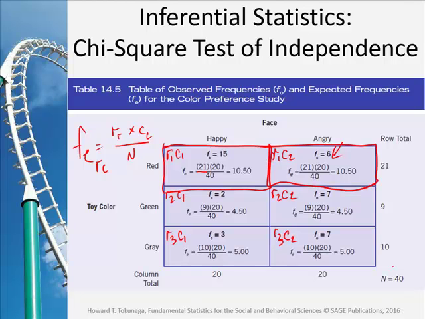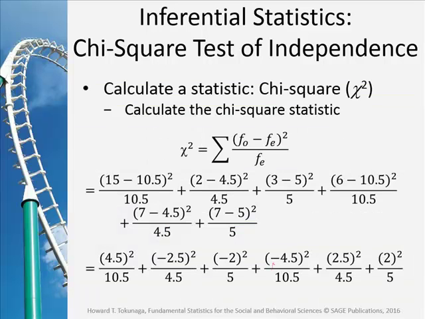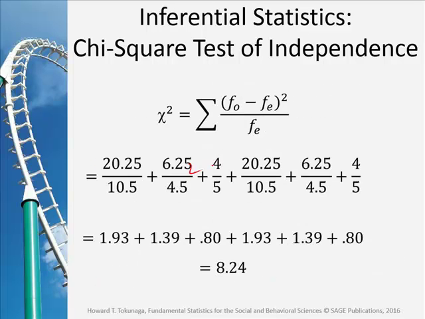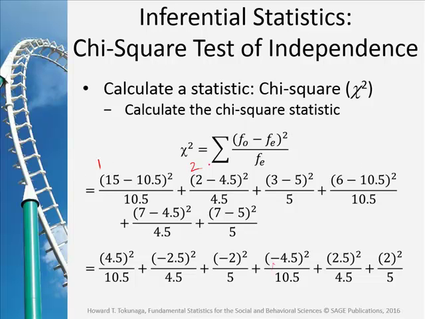We're going to have to do that little equation 6 times, one for each cell in the table. 1, 2, 3, 4, 5, 6.